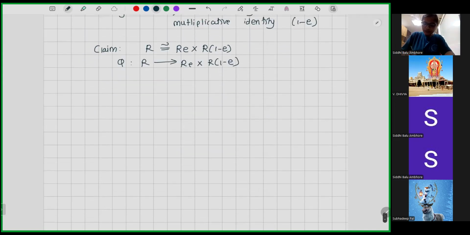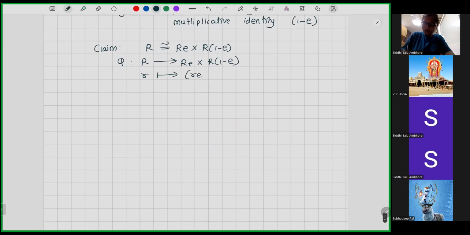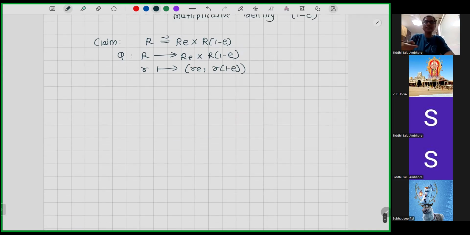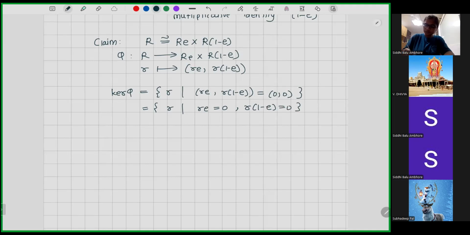So we define this ring homomorphism to RE, R(1 minus E), and see how things go. To check that it is a ring homomorphism, let us first see how the kernel looks. It is r such that (rE, r(1 minus E)) is equal to 0, meaning (0, 0). So rE is 0 and r(1 minus E) is 0.